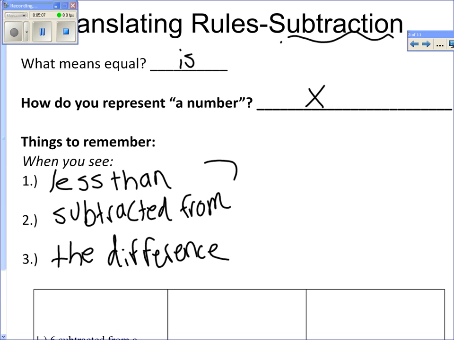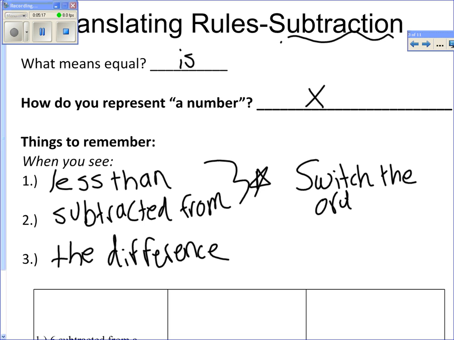And I would just star these two because, if you recall, that means that we need to switch the order. So let's see if we have an example.